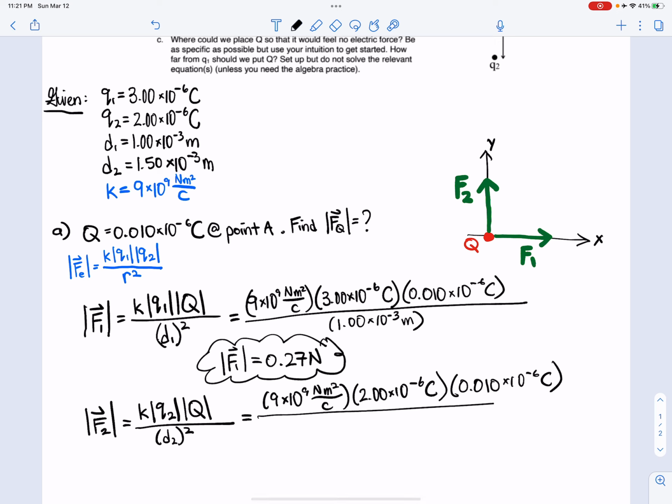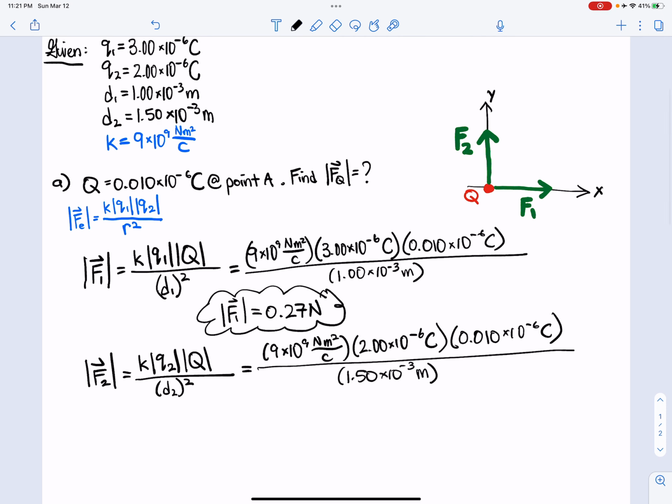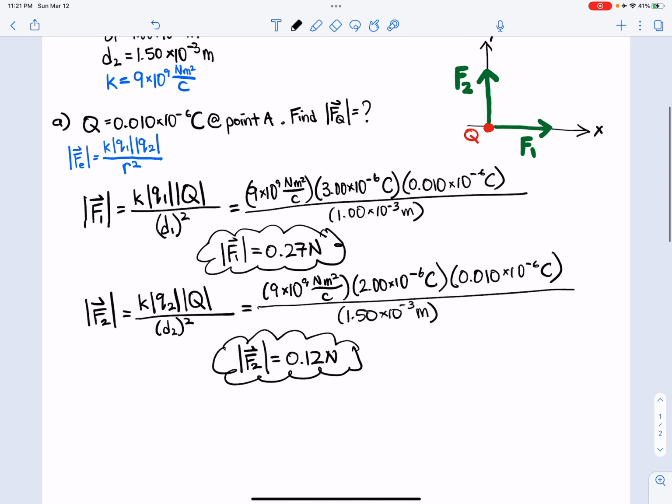And that's divided by D2 squared, where D2 is 1.50 times 10 to the minus 3 meters, right? So if you plug that in the calculator, the magnitude of force due to Q2 is equal to 0.12 newtons.